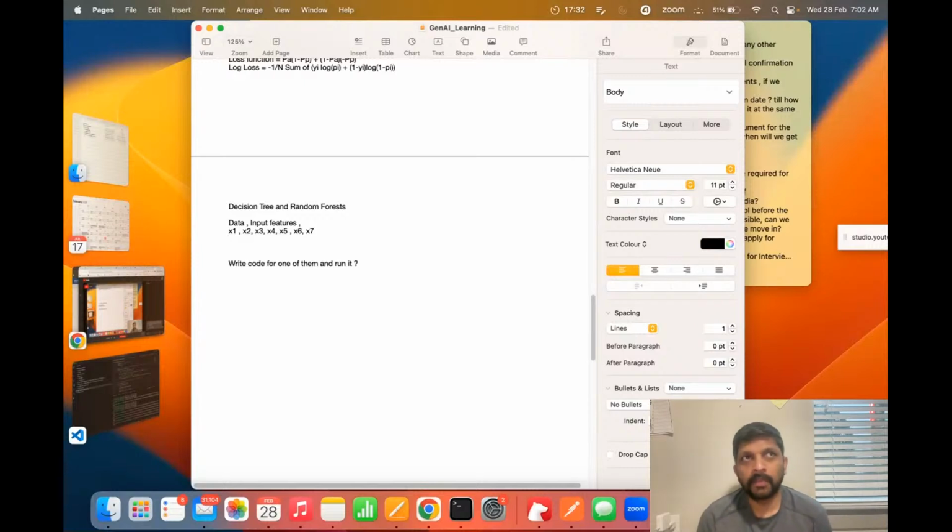Then I would understand how many people were given a loan, how many were not, and also how we decided how much loan amount to give.